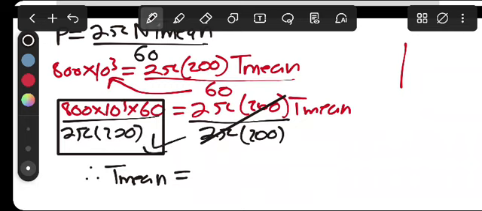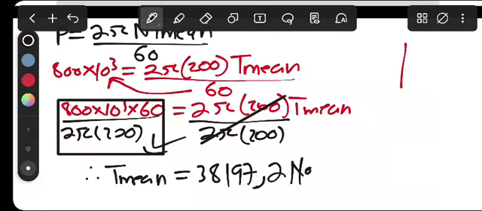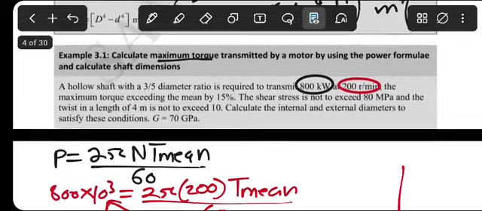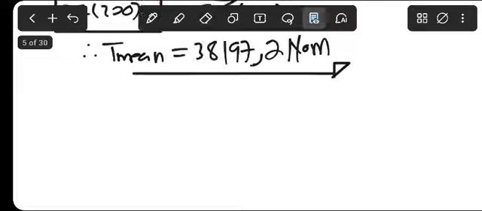Punch this on our calculator. We are supposed to get 197,2 and so on, measured in Newton meters. So we have that torque, but we are not done. Remember, we're supposed to have our maximum torque. It says calculate the maximum torque, not determine.